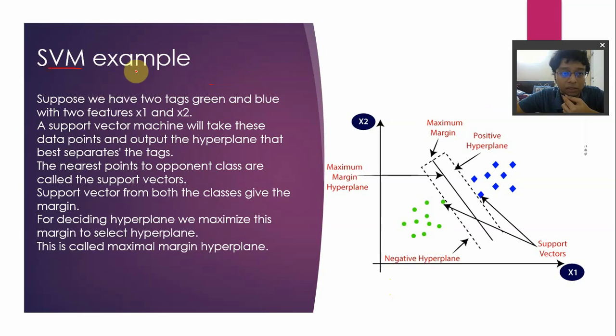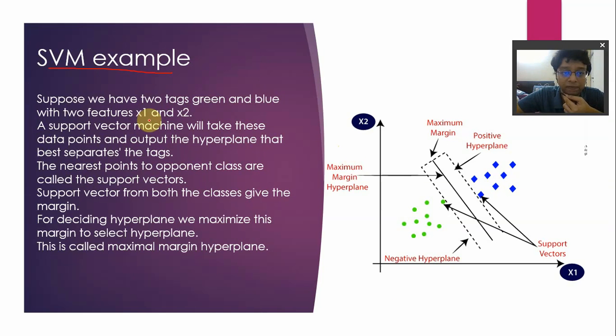Now let's take an example of SVM to understand this procedure better. Suppose we have two tags, green and blue, with the features x1 and x2. A support vector machine will take these data points and output the hyperplane that best separates the tags. Now, how is this done?